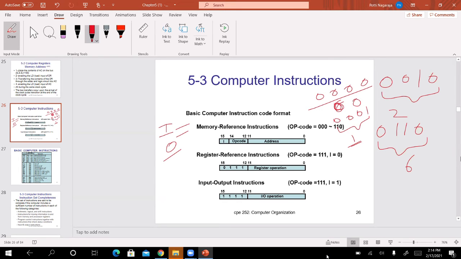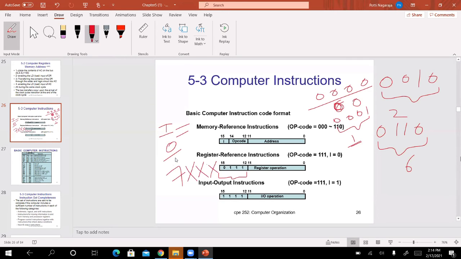Now 0111 in hexadecimal is 7. So it starts from 7 and the remaining 12 bits you can write as any values. So it always starts from 7, so try to remember that. For register reference instructions, the I bit is 0 and the opcode is 111.